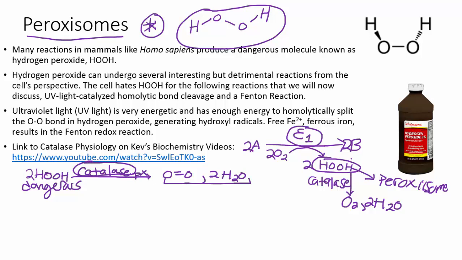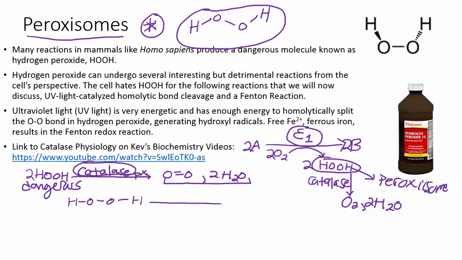But the question remains: why is hydrogen peroxide so bad for you? The reason lies in two non-enzymatic reactions that hydrogen peroxide can do. Let's look at the molecule hydrogen peroxide.